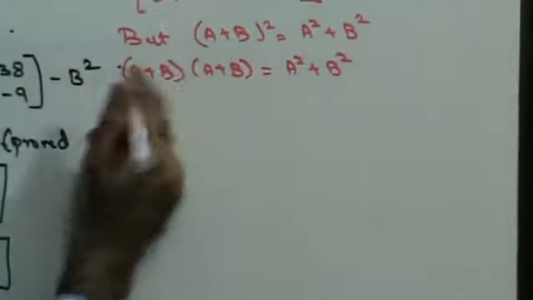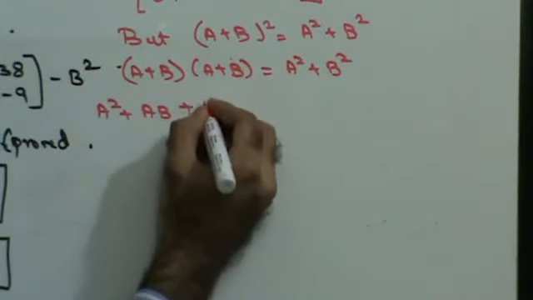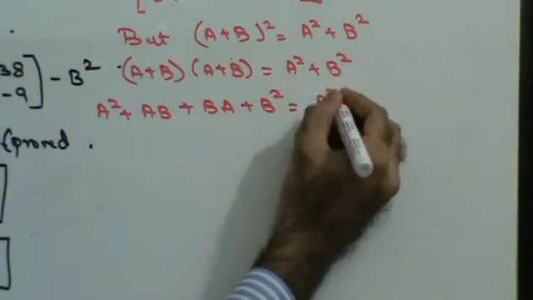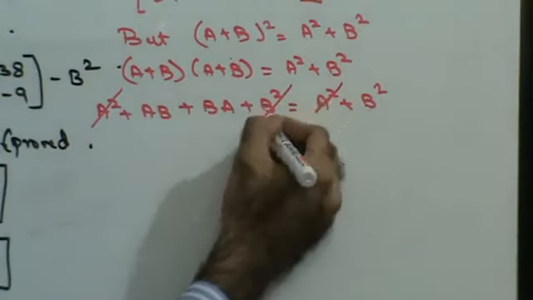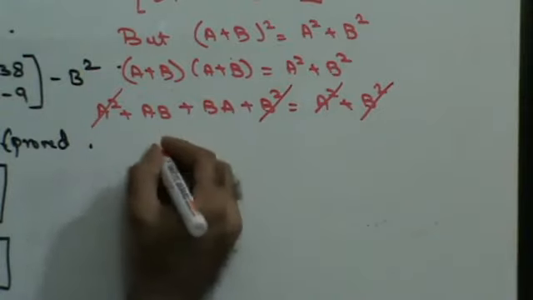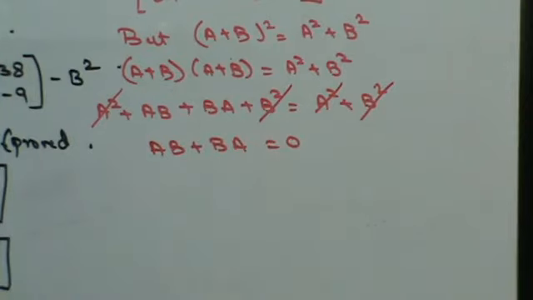You first multiply A with the whole bracket, that's A square plus AB. Then you multiply B with the whole bracket, BA plus B square, is A square plus B square. A square gets cancelled, B square gets cancelled. That means I can therefore say that AB plus BA should be equal to 0.